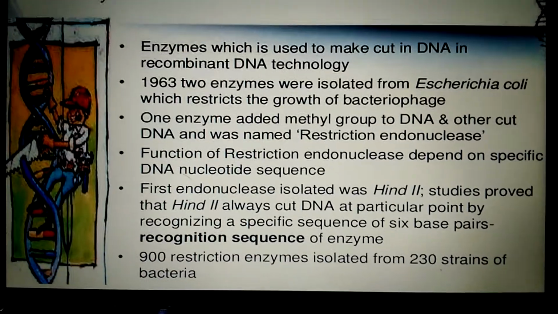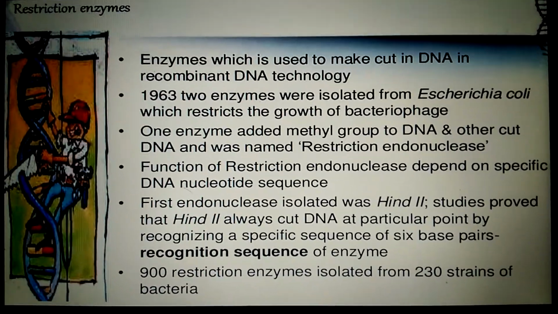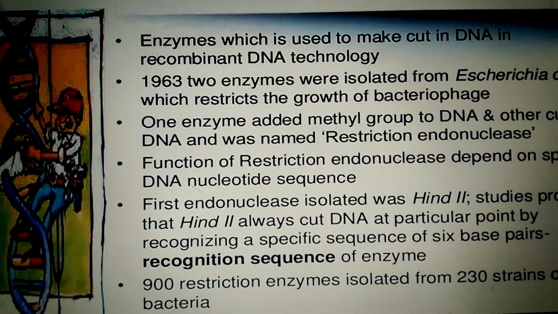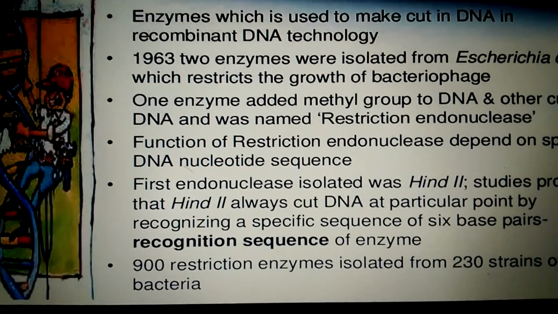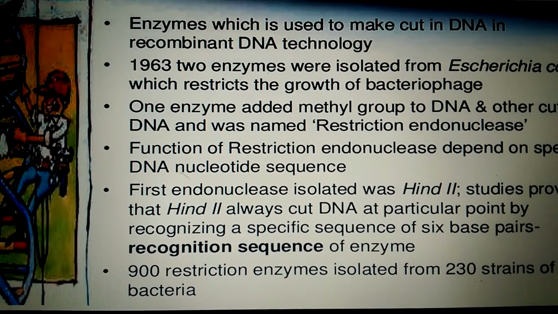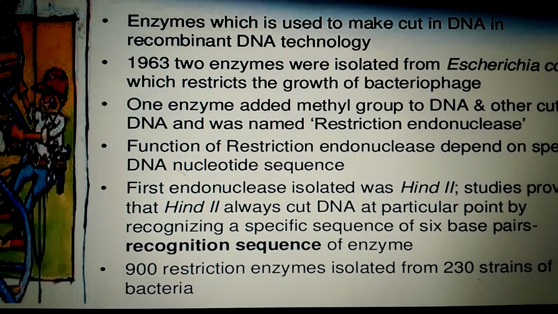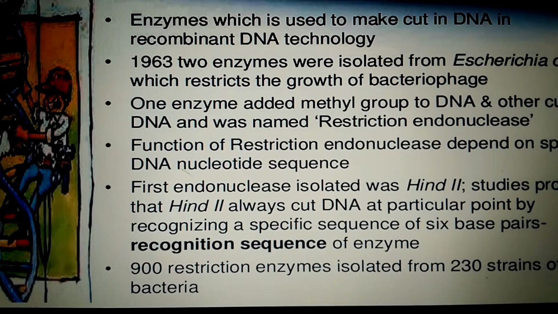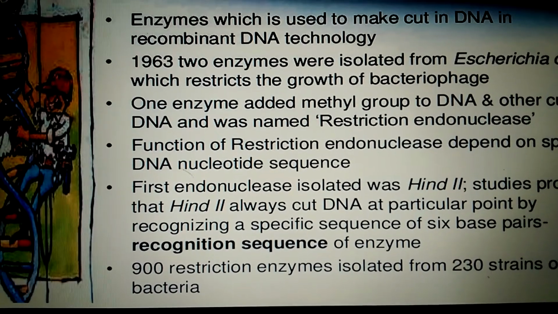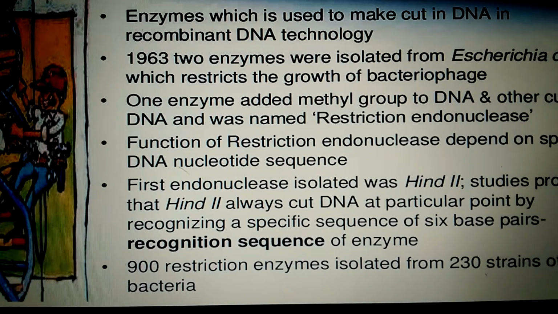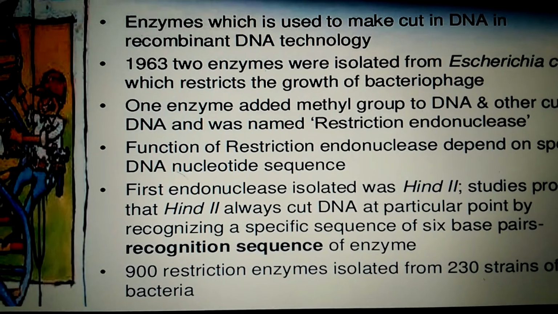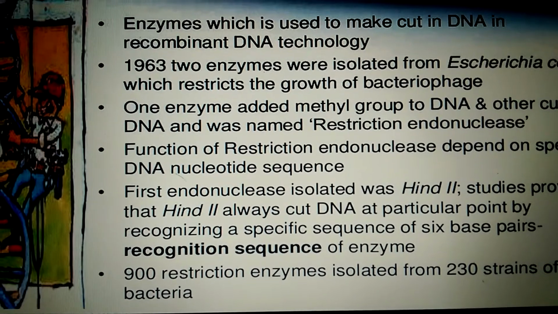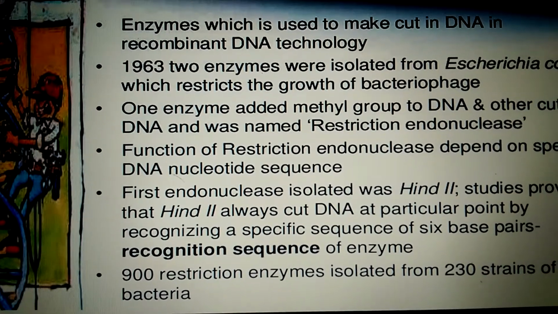What does it mean? It means that restriction endonucleases are the enzymes that recognize a specific type of sequence which has 6 base pairs, and according to the type of enzyme they are going to cut the DNA from the exterior end or from the interior end.